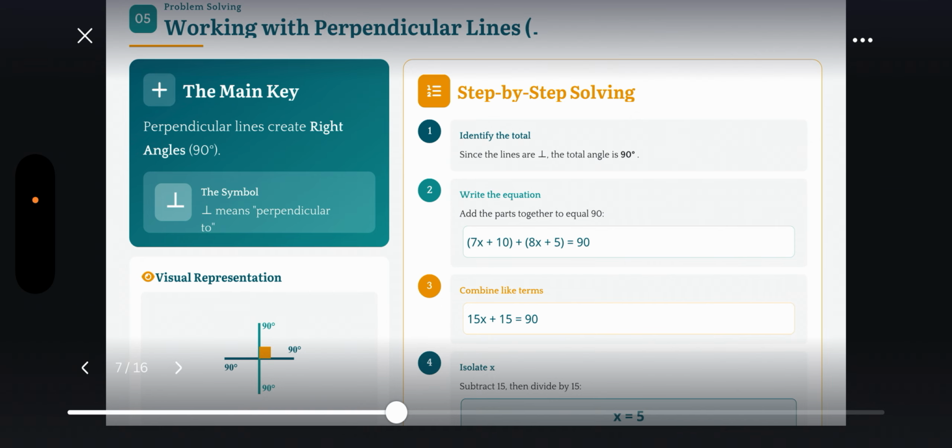This symbol represents perpendicular, which means it's automatically 90 degrees. The visual representation on the chart shows a right angle, so it says 90 degrees. And in the step-by-step solution part, it shows you how to solve it if you encounter a similar question.